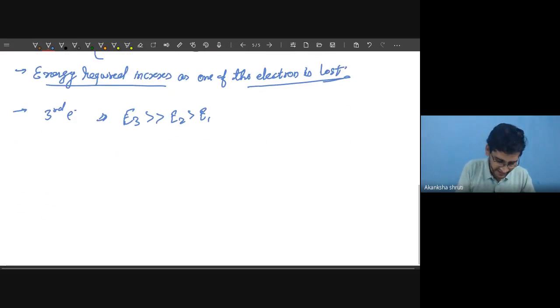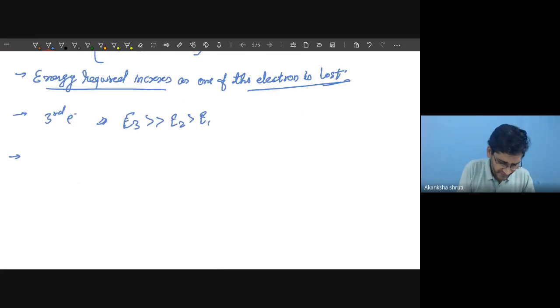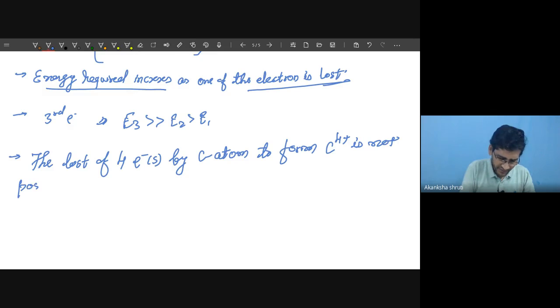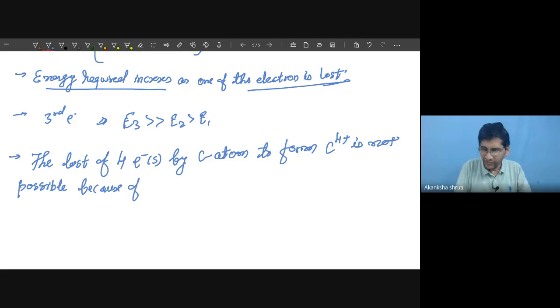So we will write that statement directly. The loss of 4 electrons by carbon atom to form C4+ is not possible because of, why?